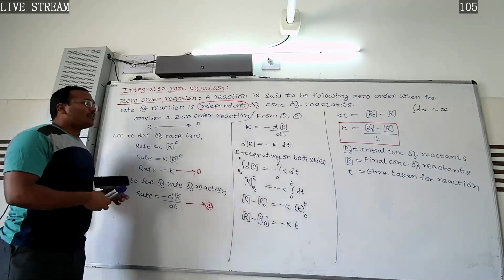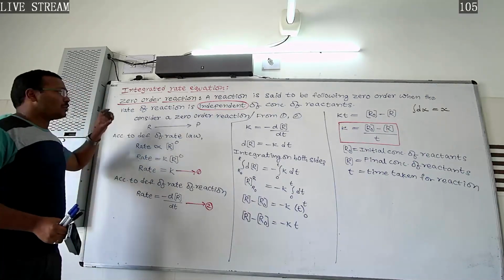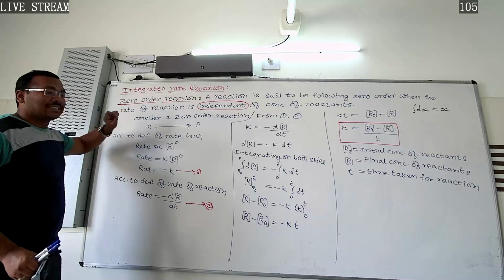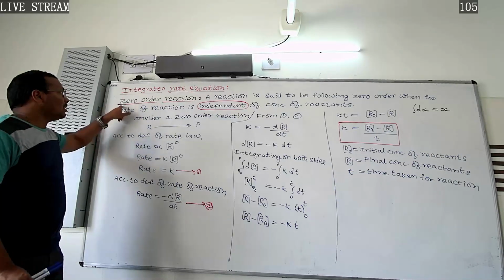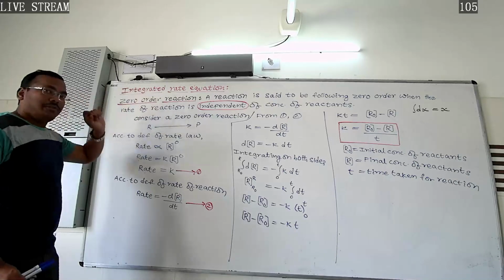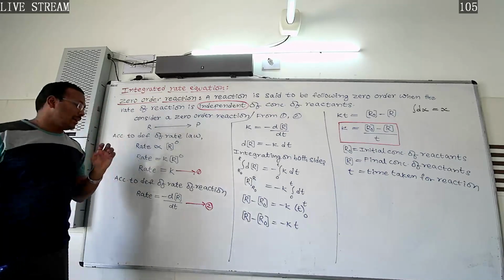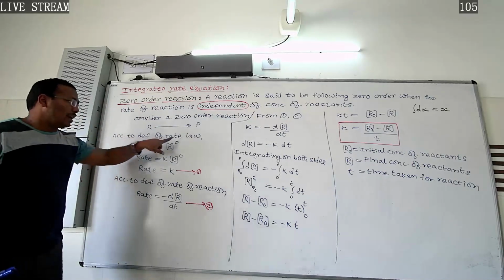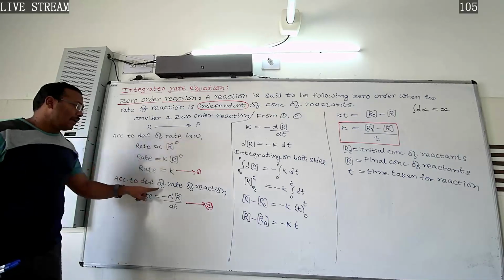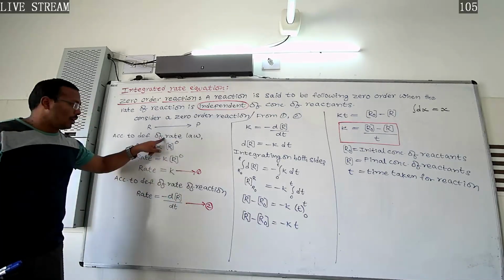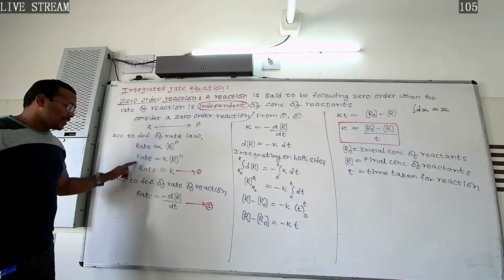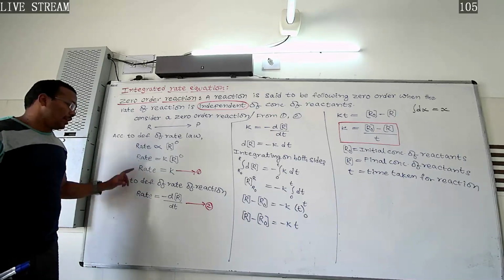Now what is the aim of the topic here? We have to find the rate constant K value for a zero order reaction. We have done a very simple thing: we applied the rate law definition and the rate of reaction definition. Both are rate only, so you can equate 1 and 2.